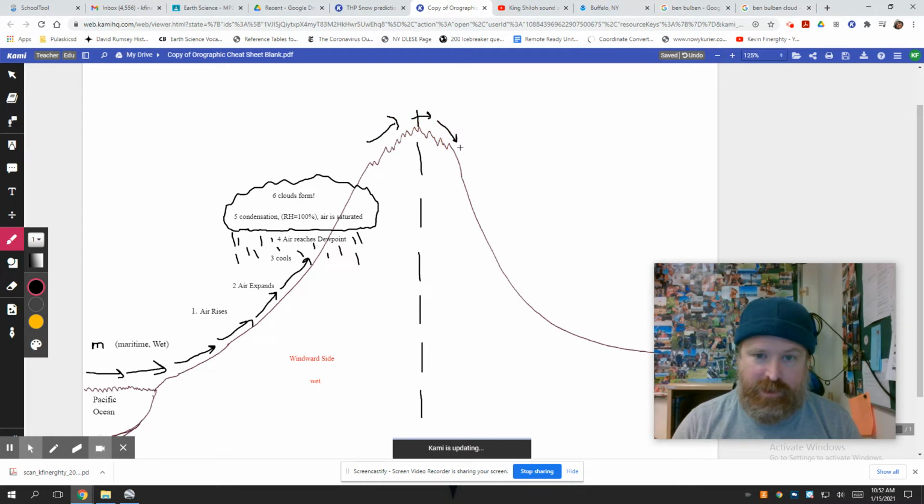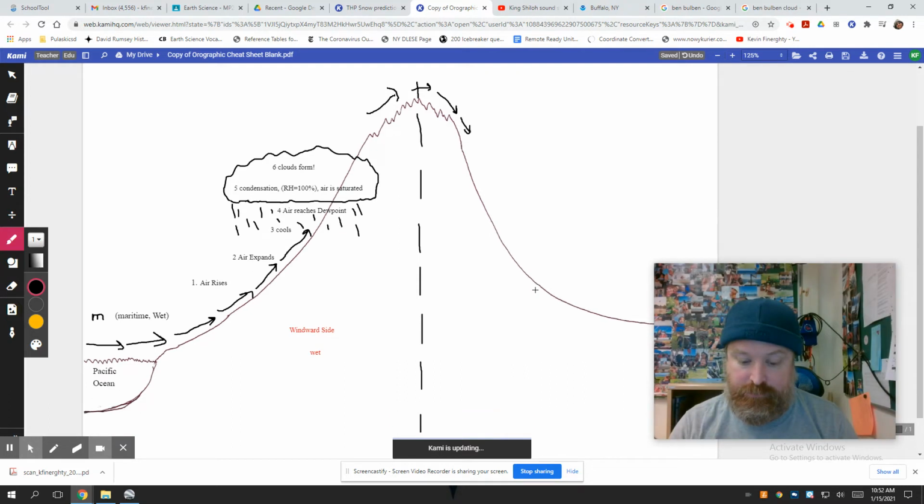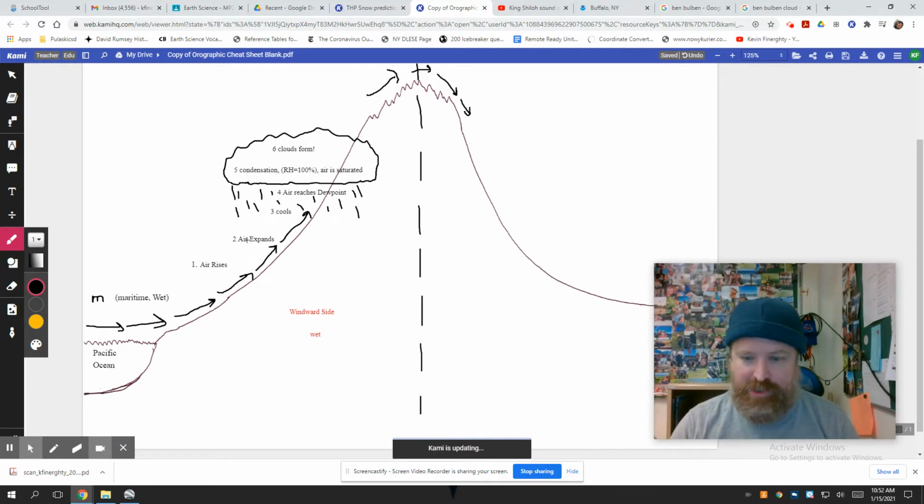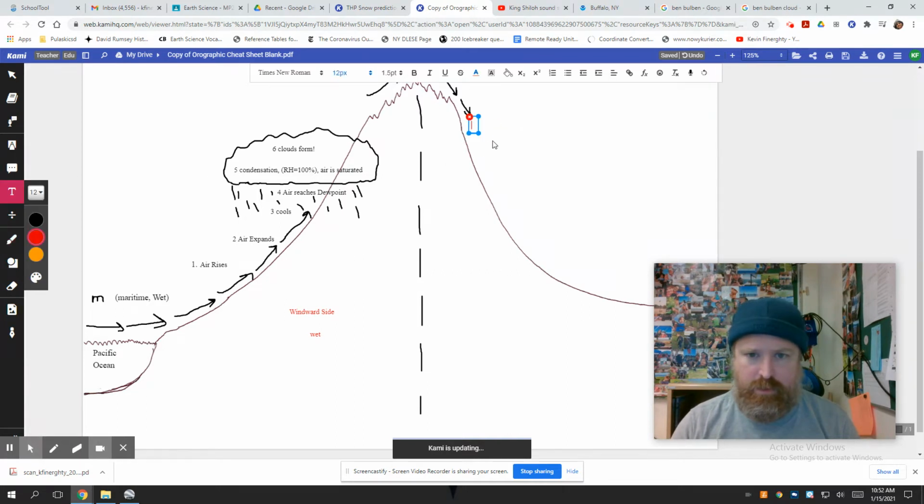Now it's going to sink back down. If you understand this process, all you've got to do is do it backwards the other way. If when air rises, it expands, what happens when air sinks? I don't know why these boxes like to auto format.